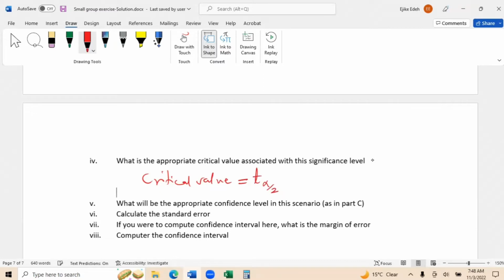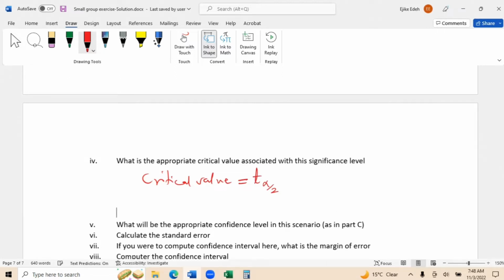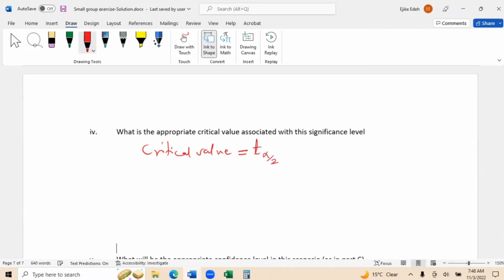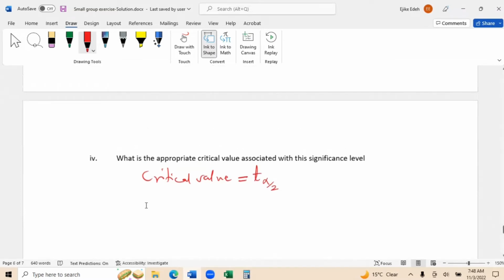Going back to chapter 7, that is how we computed our critical value. So I see here that I need to divide alpha by 2. We know that alpha is 0.05.